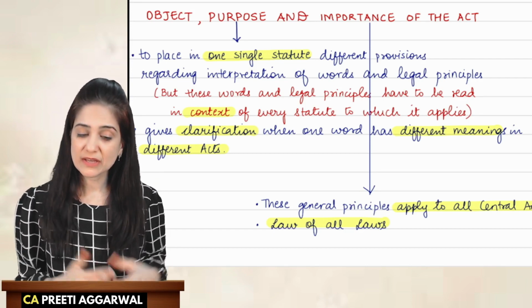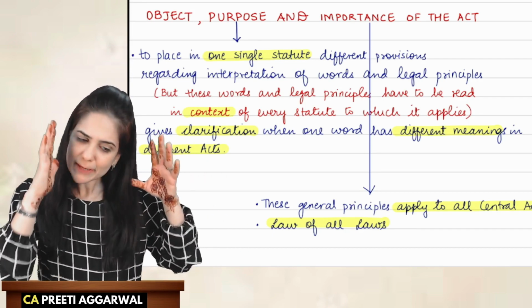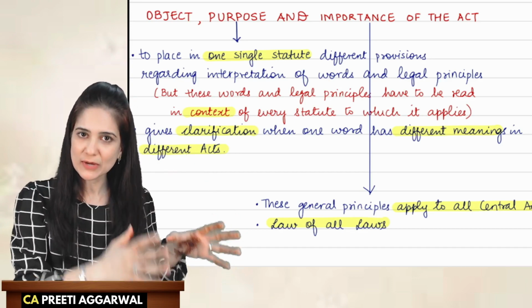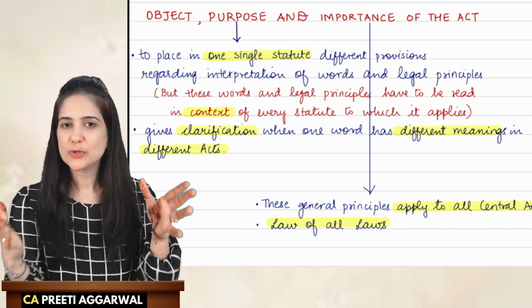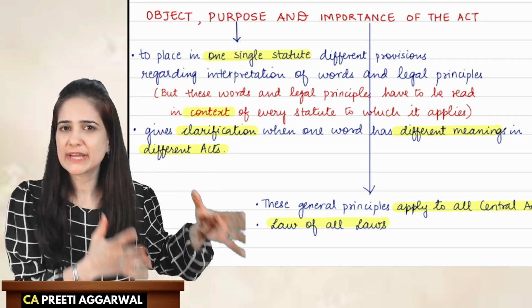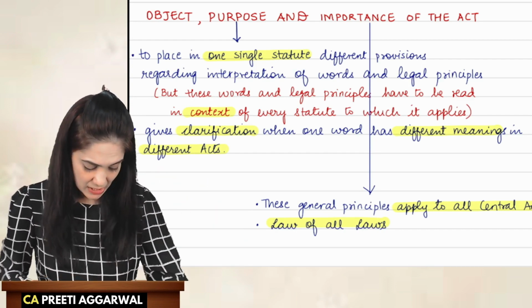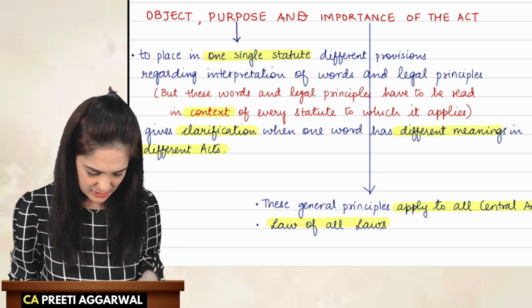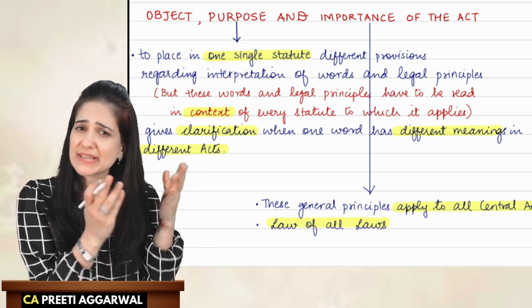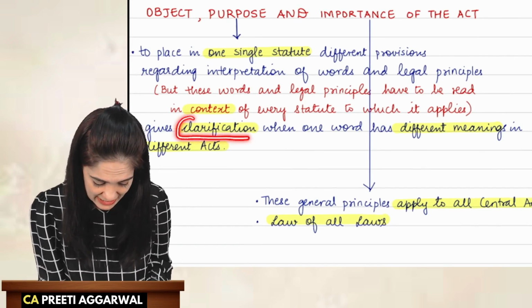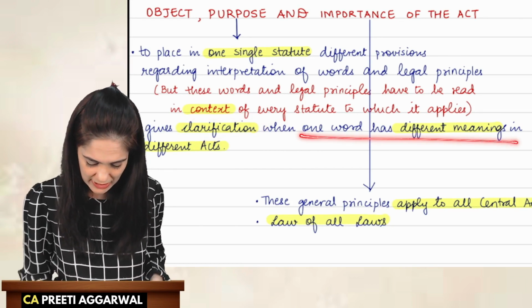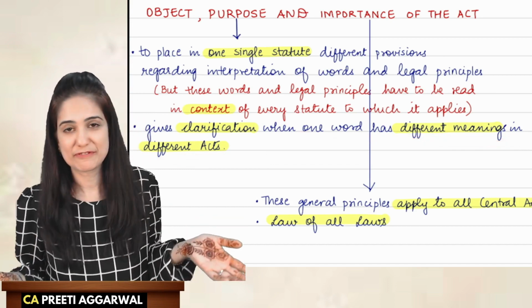If we are reading the Hindu Marriage Act, keep that context in mind while reading the definition. The law is very clear that whenever you read the definition, keep the context in mind. These words and legal principles have to be read in the context of the statute you are reading. It gives clarification when one word has different meanings in different acts.